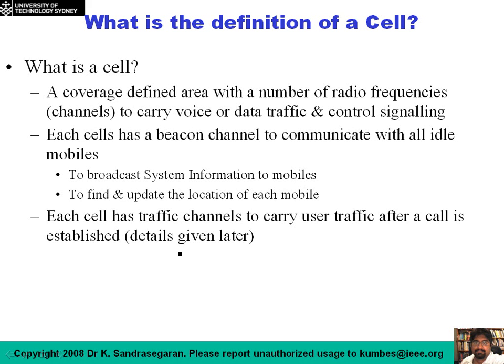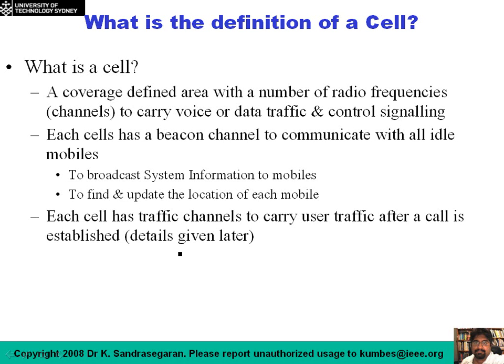So apart from the beacon channels or control channels, you also have channels which are referred to as traffic channels, on which all the user traffic is carried. But the traffic channels are only allocated to a mobile once you are sure that this call is going to be taken up.